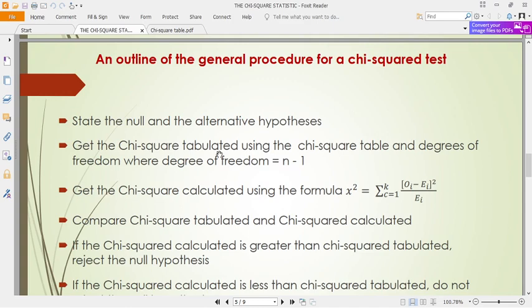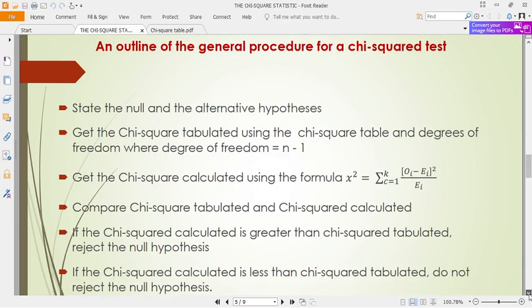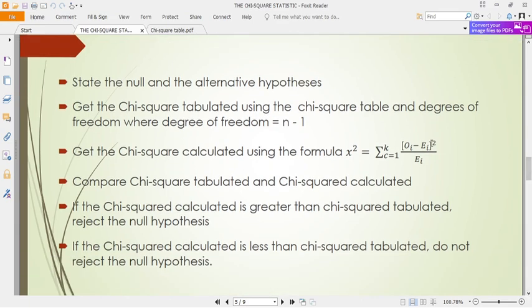After that we use the formula to get the chi-square calculated, and we always compare the chi-square calculated to the chi-square tabulated, or the one we get from the table. If the chi-square calculated is greater than the chi-square tabulated, then we reject the null hypothesis.